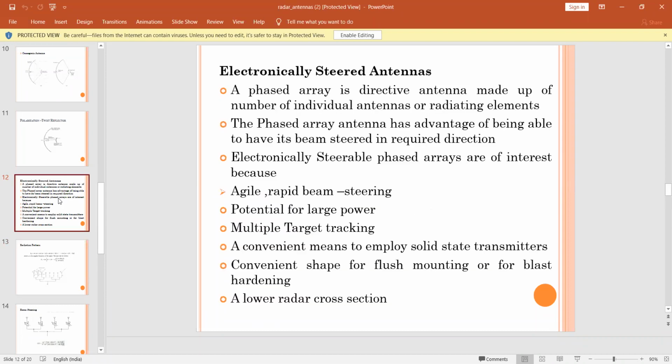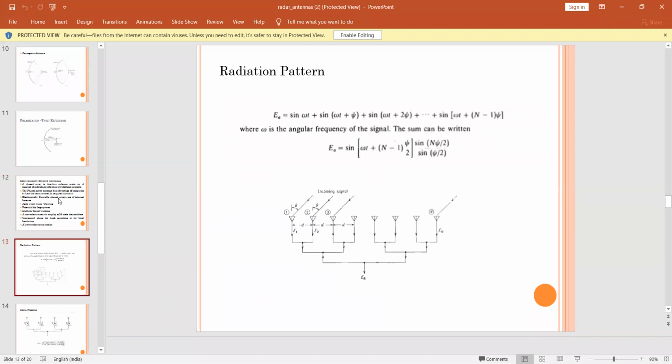The radiation pattern, also discussed in the last class, of a receiving array of isotropic antennas or radiators has uniform response from all directions, and the outputs of the n elements are summed via equal length lines to produce a voltage. So basically the antenna steering and the radiation pattern were discussed.